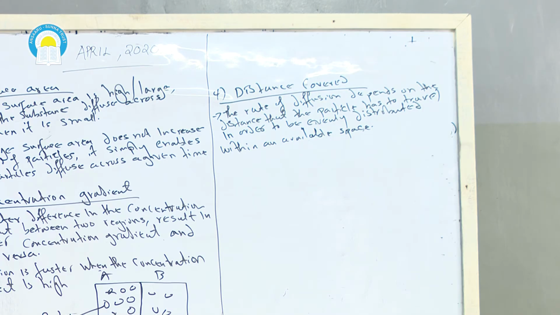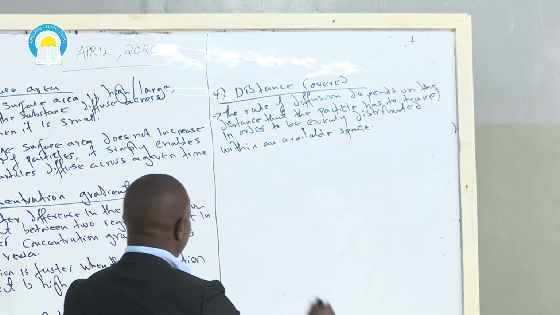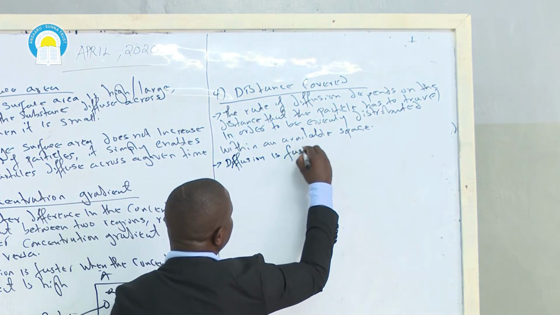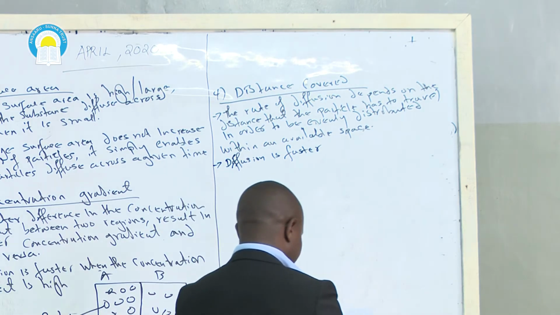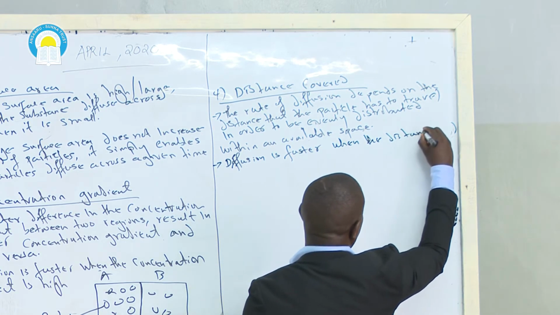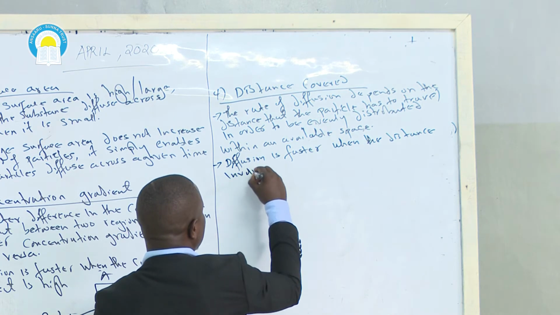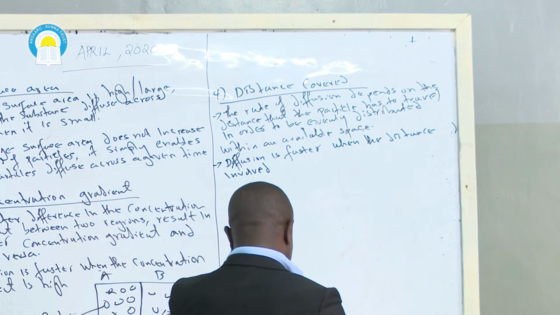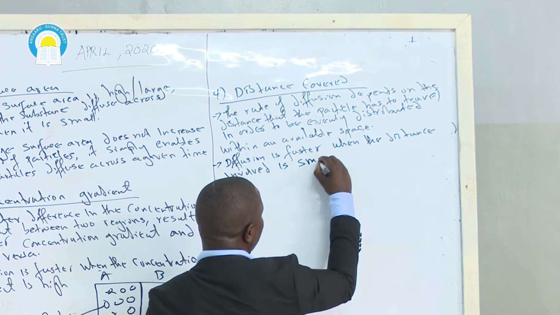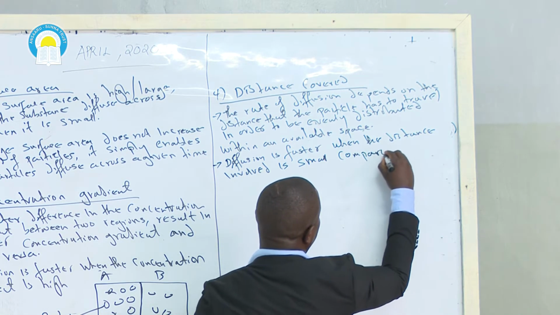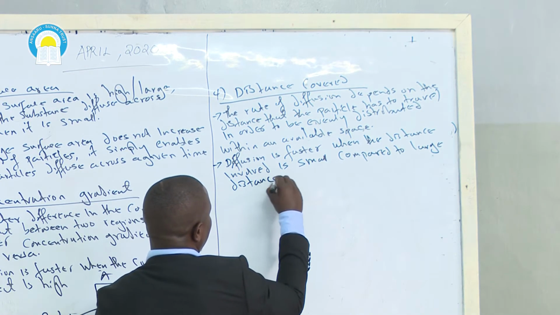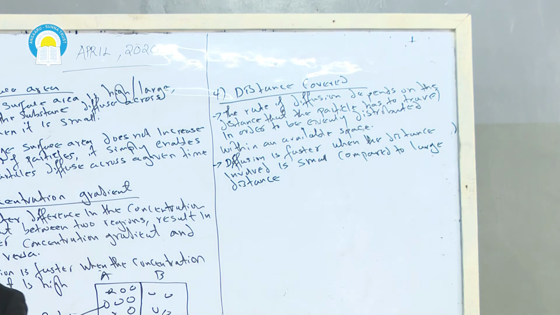And that we write, we're being told, diffusion is faster when the distance involved is small compared to large distance.